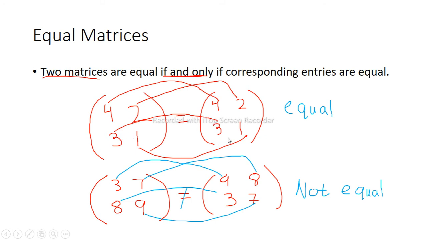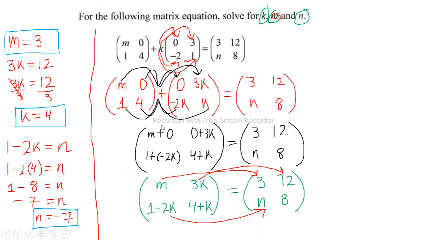The matrix on the left and the matrix on the right are equal, so 3k must be equal to 12, and 1 minus 2k must be equal to n.